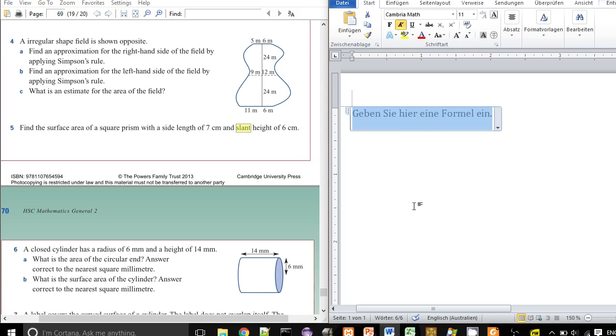Okay, in that case, the volume is easy. 7 times 7 for the bottom times 6. But surface area is also easy. So remember, put a 2 out the front.